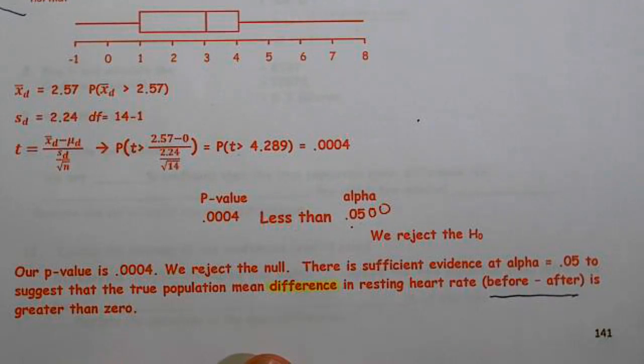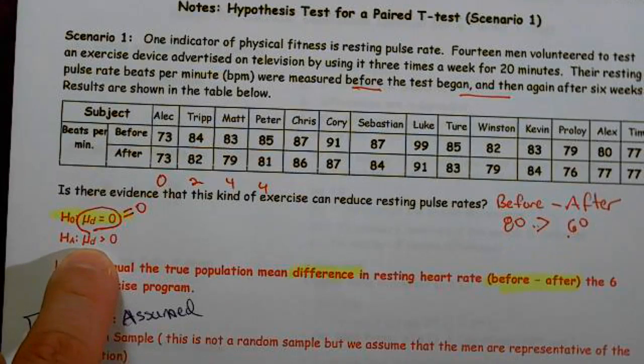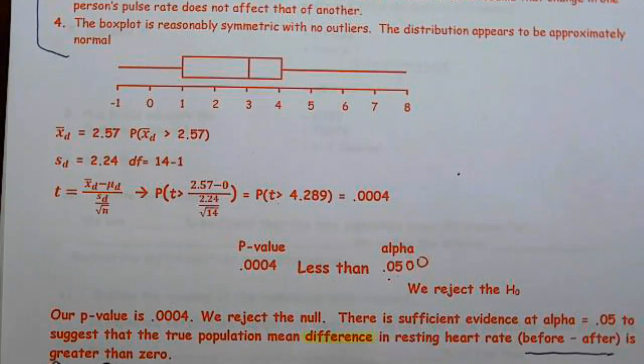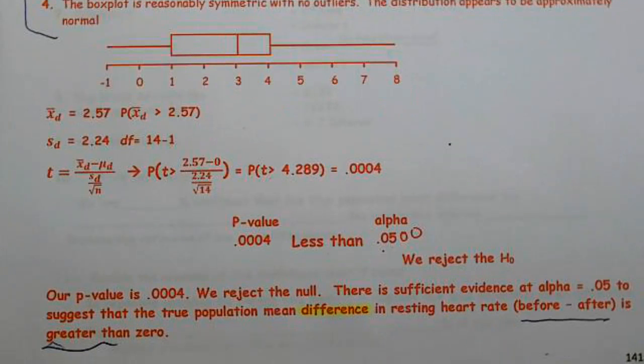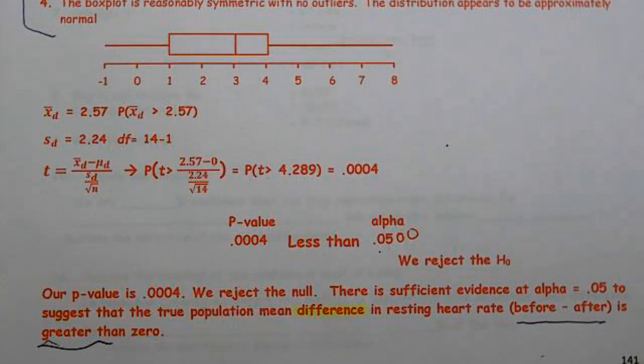And we said it was greater than because our alternative hypothesis was a greater than. Since it was a greater than 0, before minus after needs to be a greater than as well. Okay, so hopefully that will help with the hypothesis test. In the next video, we'll be doing a confidence interval.